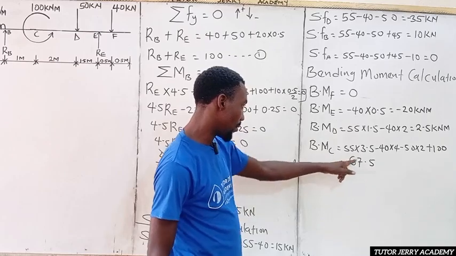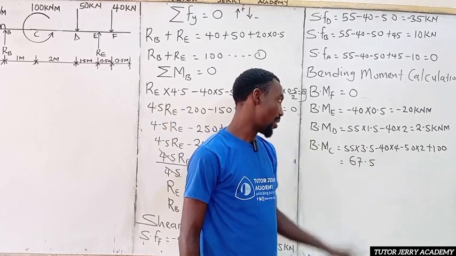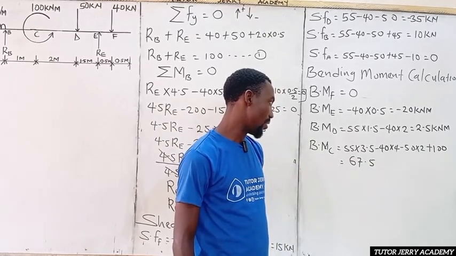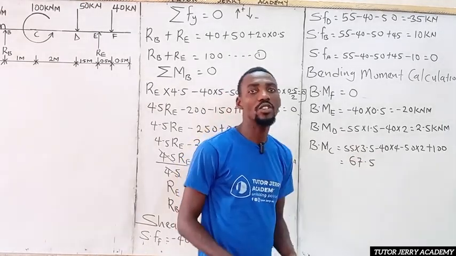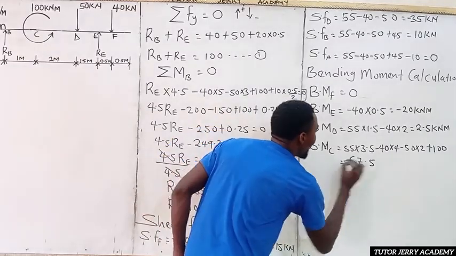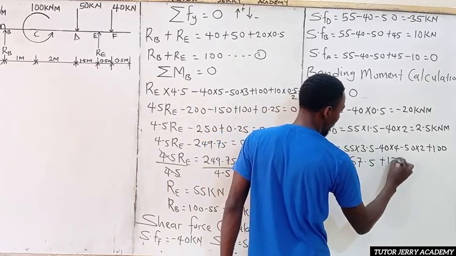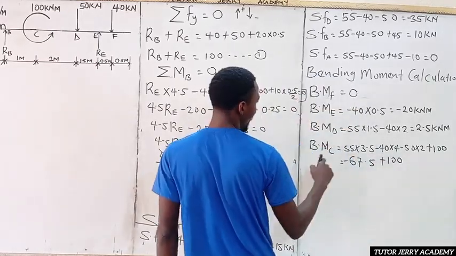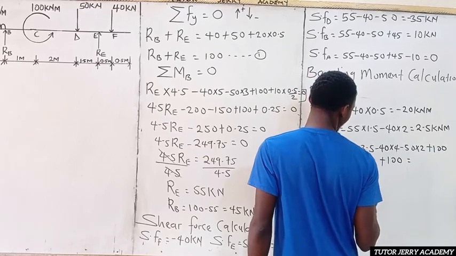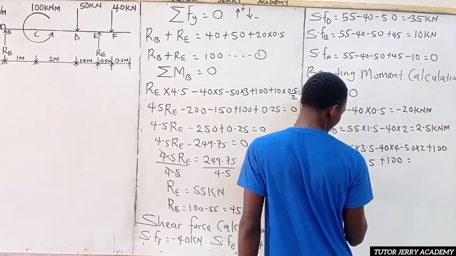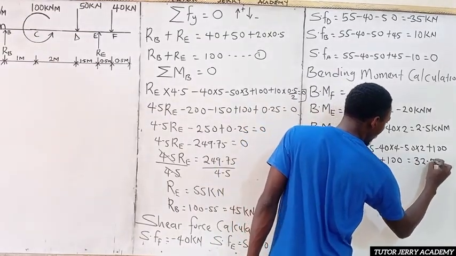Since this one is negative, that is 160 plus 100, that is negative 260. So we are going to have minus 67.5, all right, so plus 100. If you add that now, you are going to have 32.5, if I'm correct. Yes.